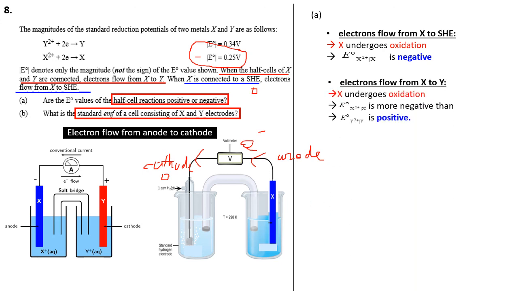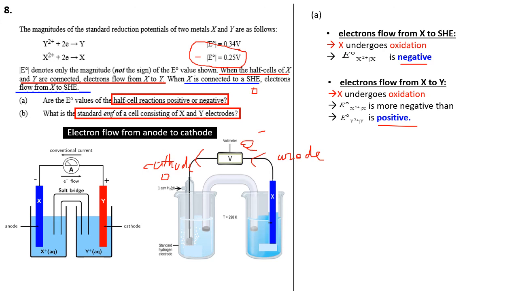And then electron flows from X to Y, X undergoes oxidation, so the standard reduction potential for X is more negative than that of Y. So Y is positive. Meaning again, the standard reduction potential for X2+ to X is negative 0.25 volt.